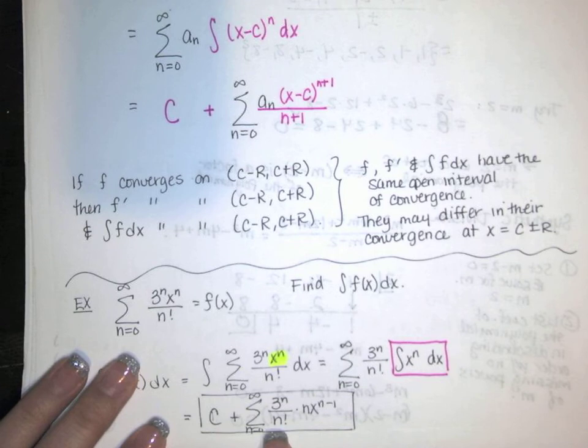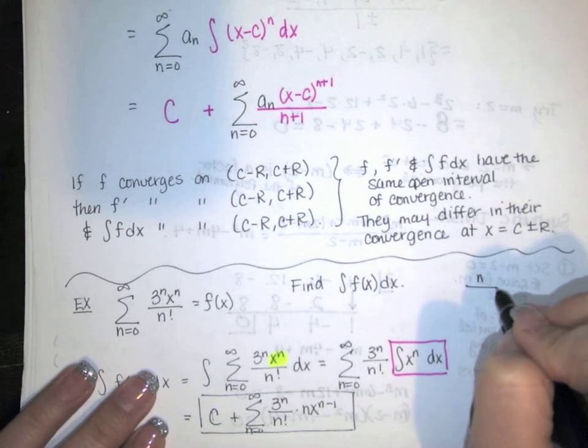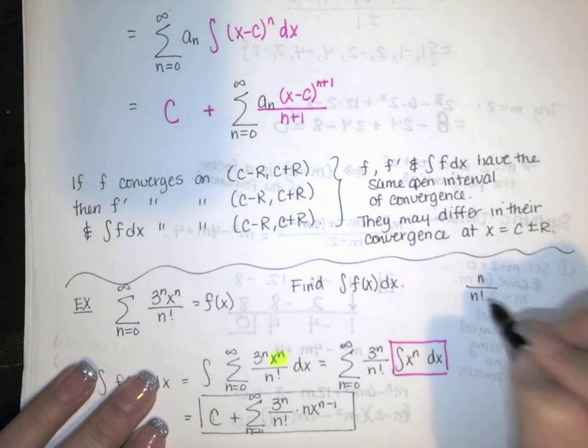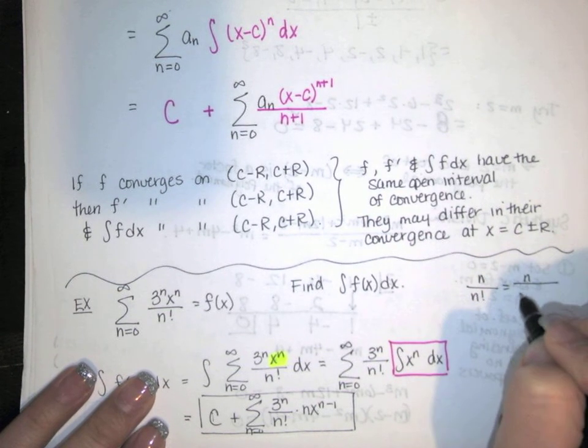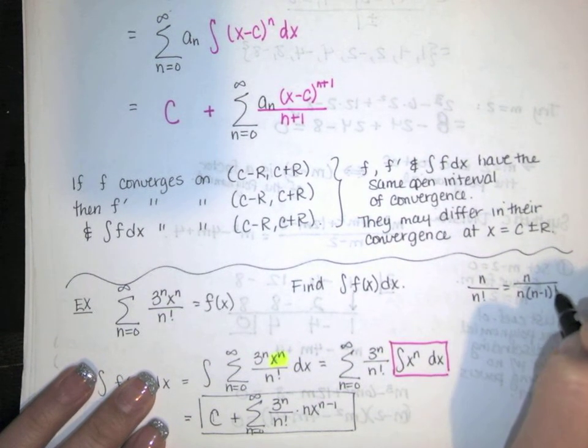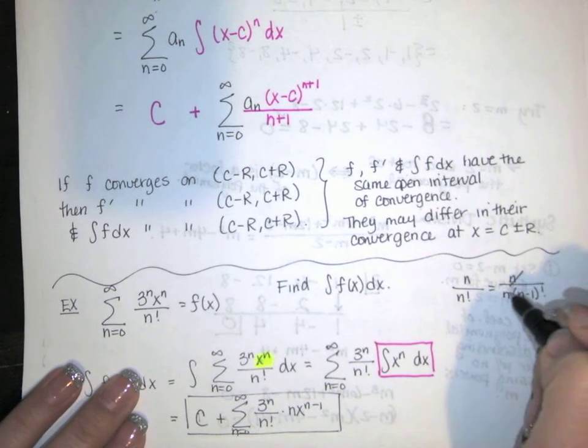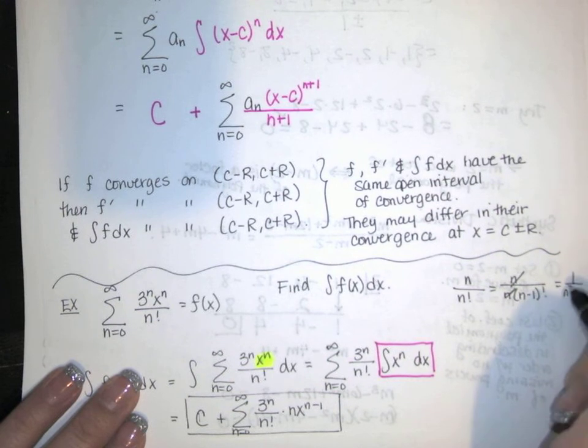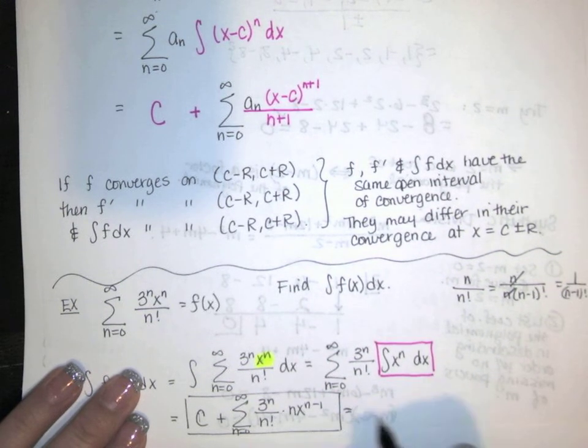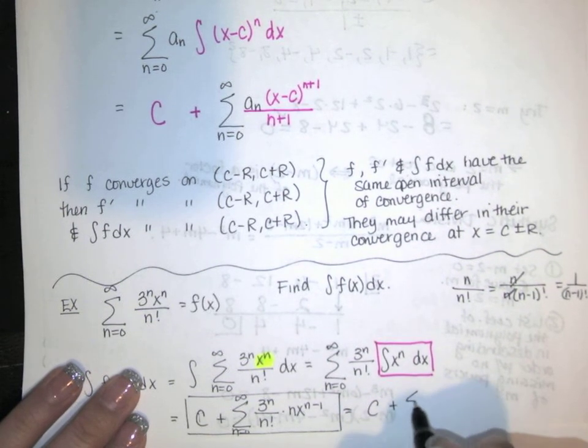And that n and n factorial will reduce. So n over n factorial is n over n times (n minus 1) factorial. The n's reduce, and we just get a 1 over (n minus 1) factorial. So I'll simplify that this way.